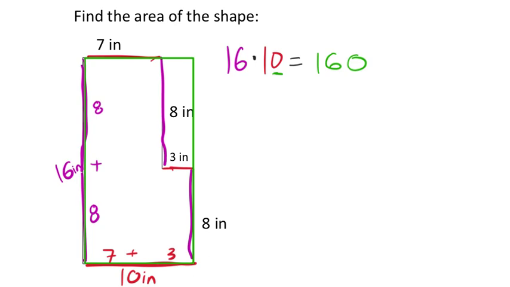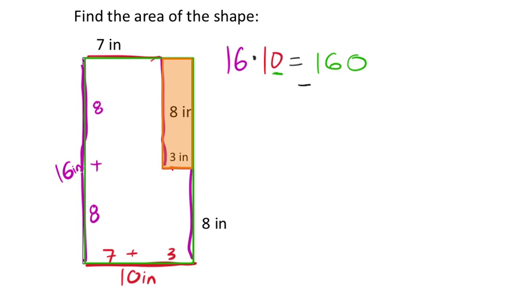But then we have this other rectangle here. Let's make this one orange. There we go. This part right here, the orange part, is not part of the original shape, so we have to take that off. We're going to cut it off, right? And by cut off, I mean we're going to subtract it.